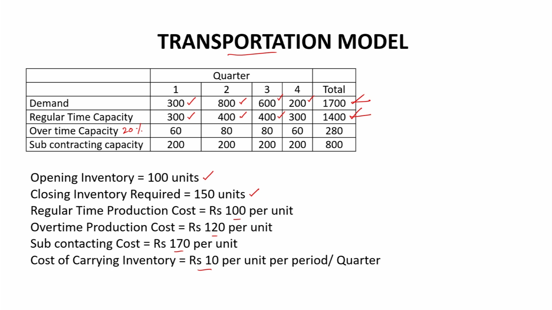Now, let me first give you an idea about what a transportation model is, before formulating this particular problem as a transportation problem. As the name suggests, a transportation model is used to find out how many units of a product are to be transported from source to destination.